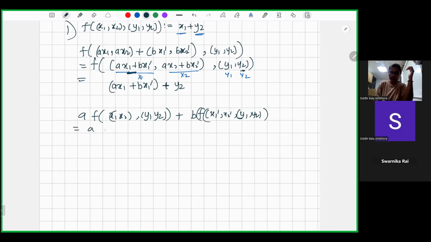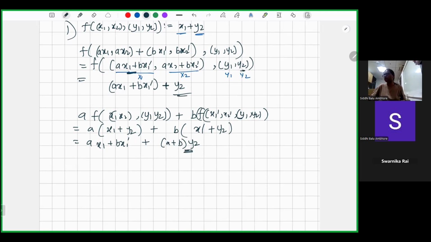So this is a into x1 plus y2, and here b into x1 dash plus y2. So this is something different, right? a x1 plus b x1 dash is okay, but along with that, I'm also getting a y2 plus b y2, which is not what we got here. So that's why this is not what we want. So this is not a bilinear map.